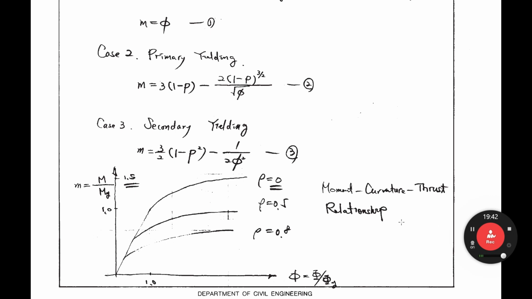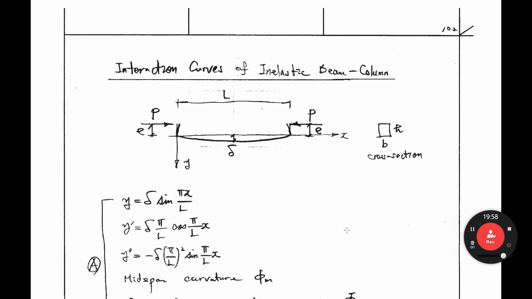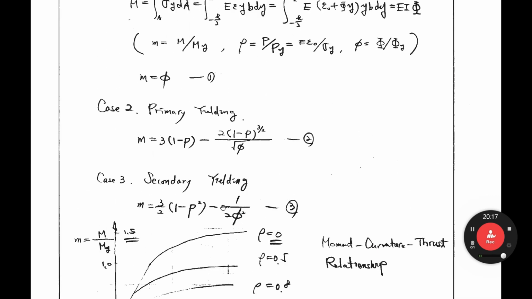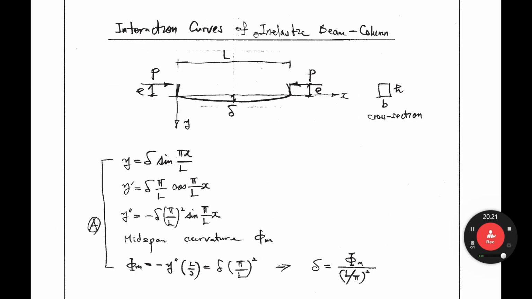This is a structural stability course. You have one more term, thrust, P. Then let's look at this specific case, interaction curves of inelastic beam column. From now on, we would like to derive interaction curves of inelastic beam column using the previous equations.